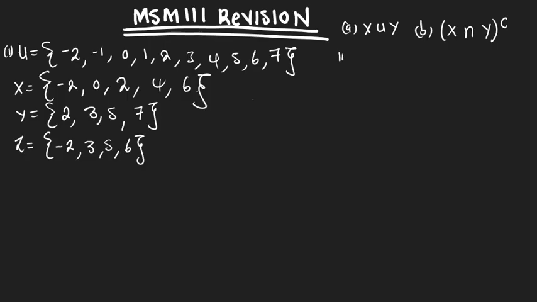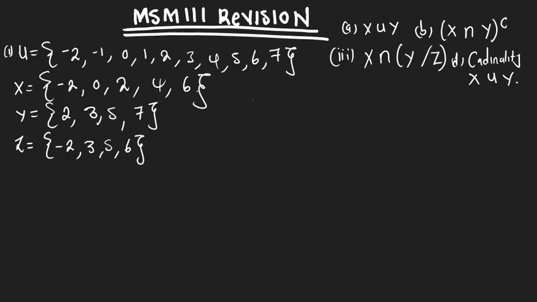The third one was X intersection Y minus Z. And then the last one, which is G, we're told to find the cardinality of X union Y.